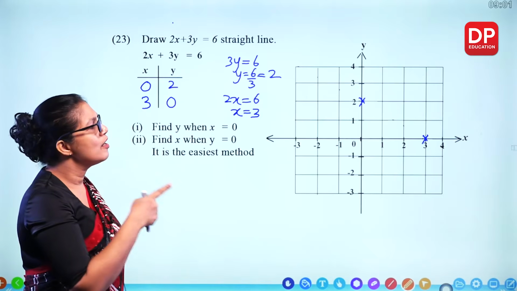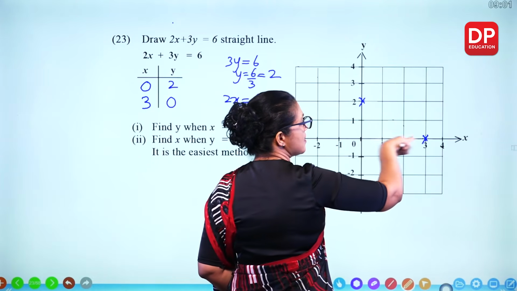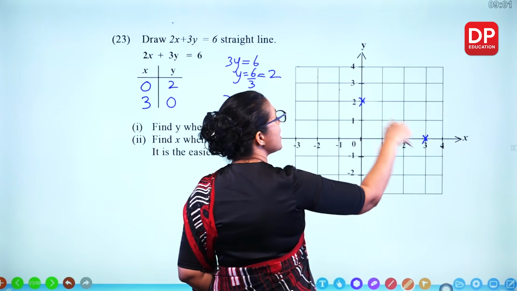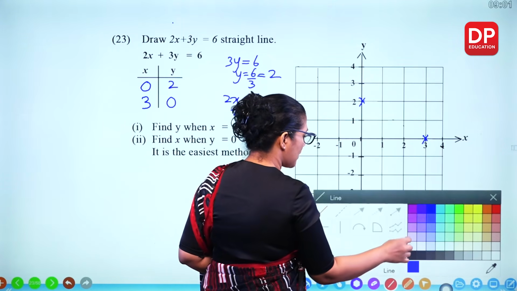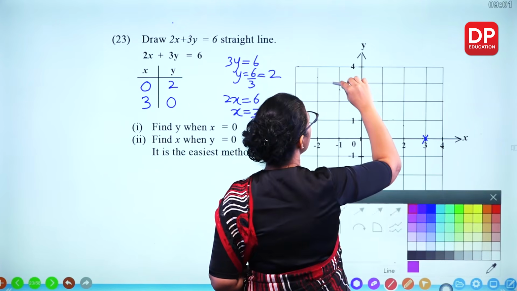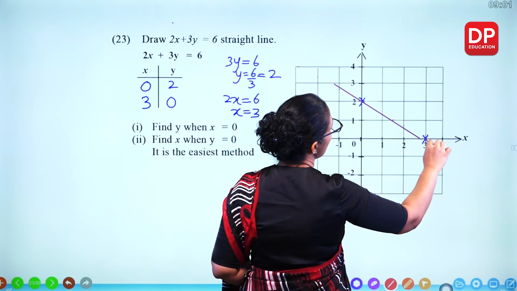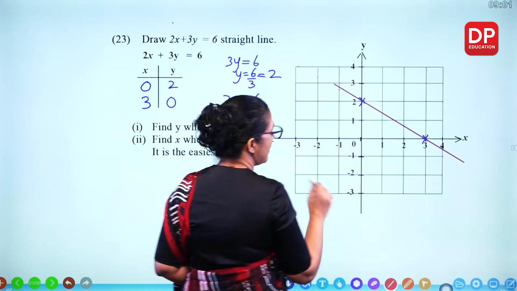In grade 10, you will learn about x-intercepts. Now we are taking 2 points. Now connect the 2 points and draw the straight line. So this is a straight line like this.